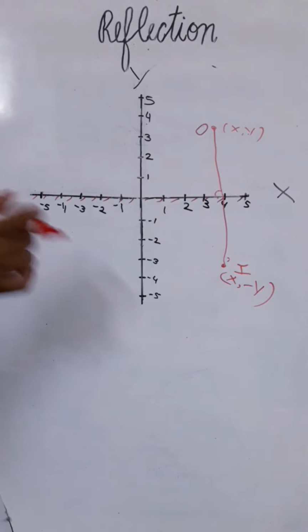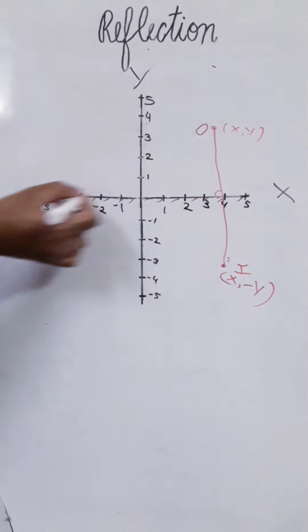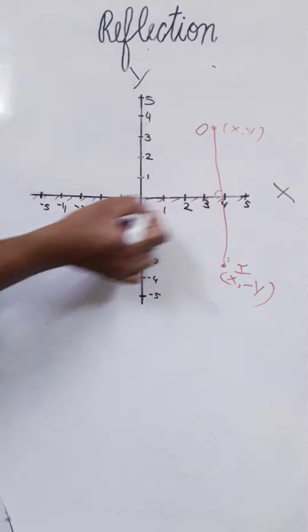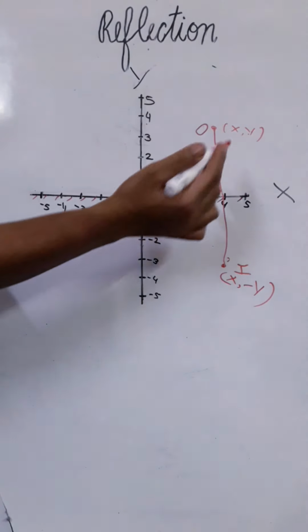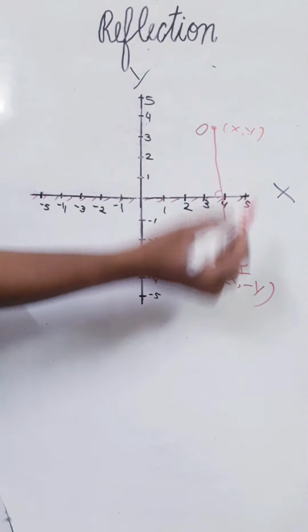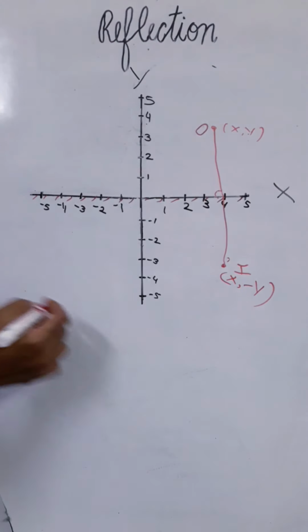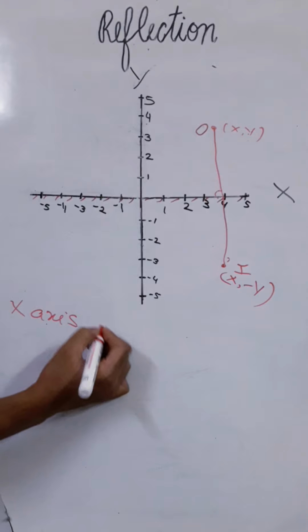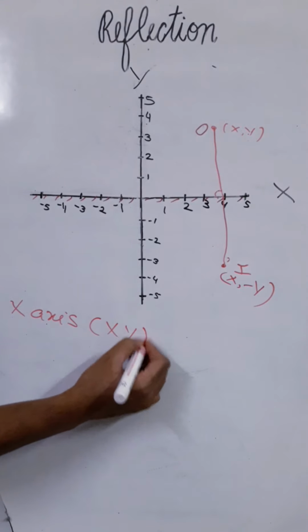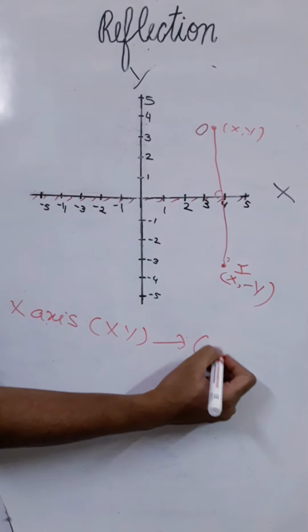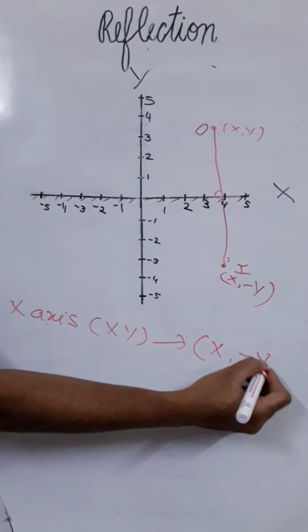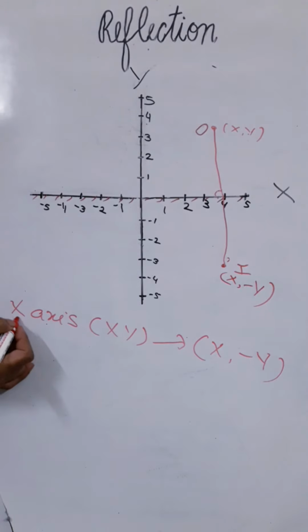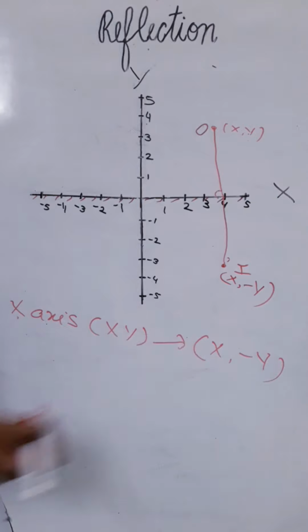So in case your mirror is kept on x-axis, you can see that the coordinate of y will change. So reflection with respect to x-axis is that your xy coordinate will change to x comma minus y. Okay, if mirror is on x-axis, your sign of y will change.